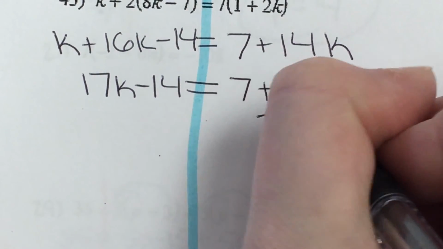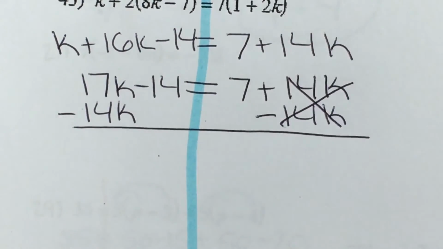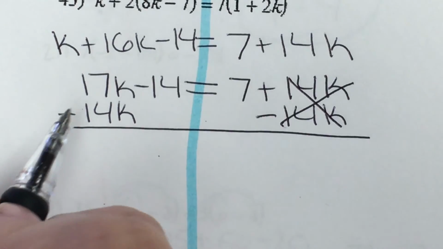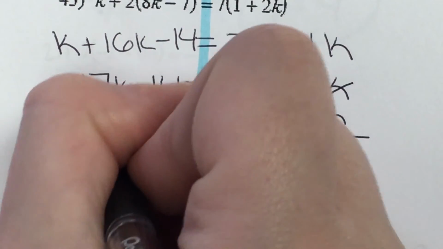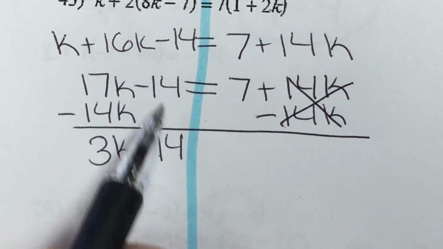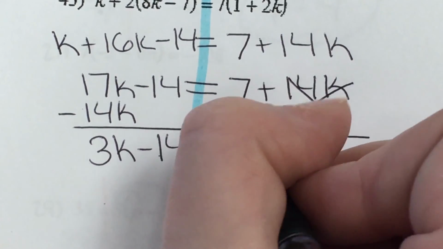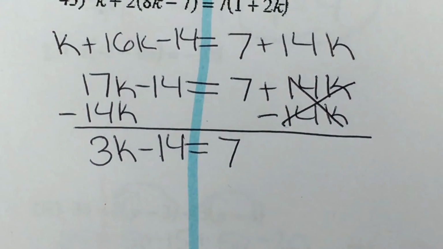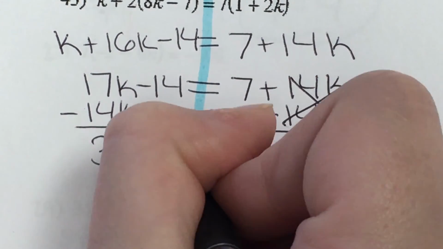So negative 14k, let's subtract it. Okay, on the right side, all gone. On the left, 17 minus 14 is gonna be 3k minus 14, just rewrite this term up here, equals 7. Let's move this constant over to the right side by adding it.